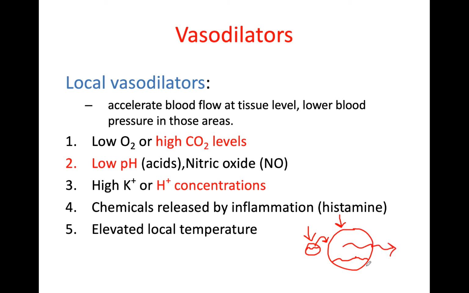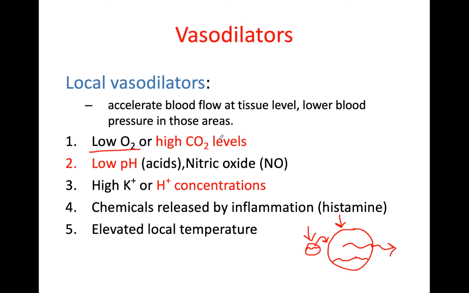So you'd want to vasodilate blood vessels to areas that you want more blood. Now, situations that would cause vasodilation is low oxygen concentrations. If your tissues feel that they're not getting enough oxygen, they're going to say, hey, vasodilate these blood vessels near us. Bring more blood in. We need more oxygen.